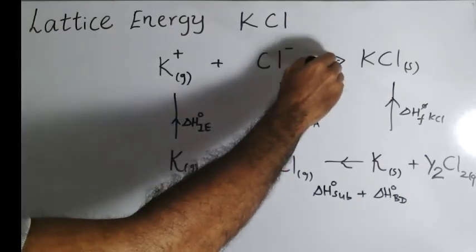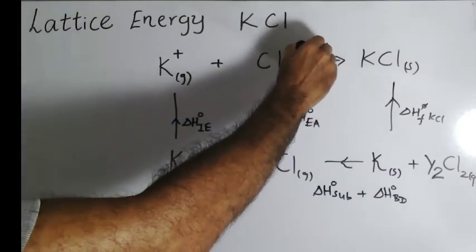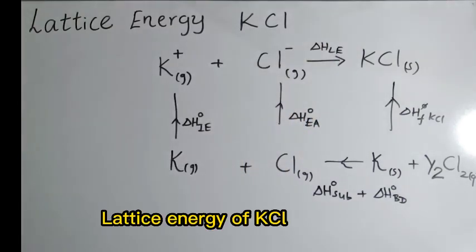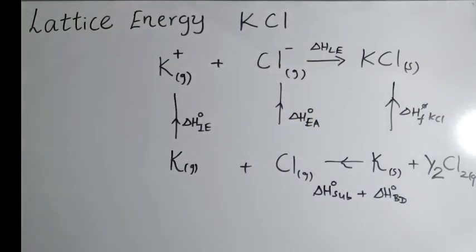Then we have to write here delta H LE, and again remember the definition of lattice energy involves gaseous ions and a solid ionic compound. The solid ionic compound should form from the relevant gaseous cation and anion.